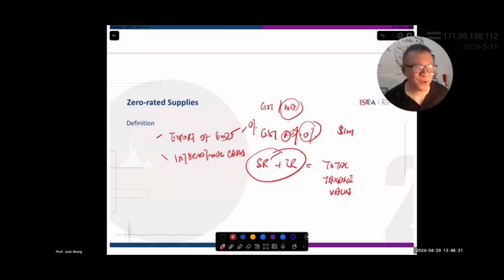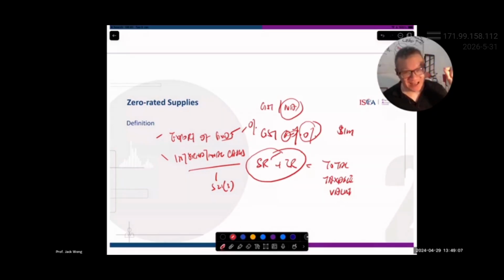All right, the other type of supply that is zero rated is called international service. Here's one thing you need to know. Supply of services to overseas customers doesn't mean it is international service. International service is spelled out very clearly under Section 21, Subsection 3 of the GST Act. Only those services listed under 21(3) would be regarded as international services, based on which you apply GST at 0%.